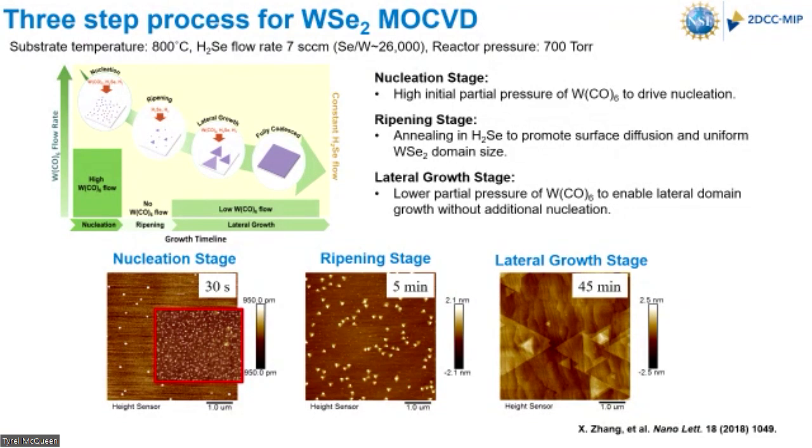And then we just switch out the tungsten and we allow the surface to ripen. So we allow the tungsten to diffuse on the surface and form small triangular islands. And then we reintroduce the tungsten precursor, but at a lower flow rate, so we can laterally grow these triangular domains, so we get a coalesced film.